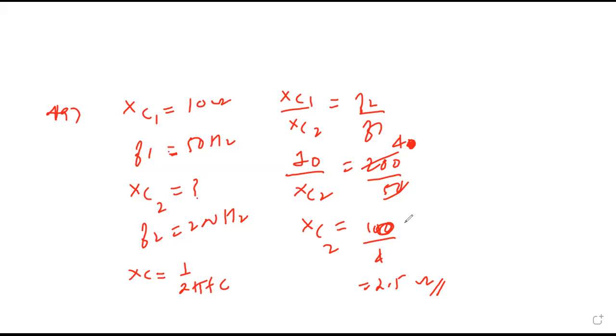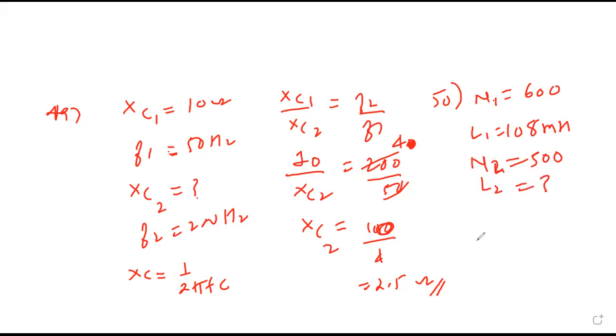50. A coil of wire having certain radius has 600 turns and self inductance is 108 millihenry. The self inductance of another similar coil of 500 turns will be. L and number of turns relation is proportional to n square.